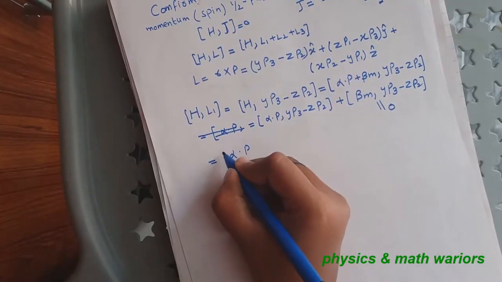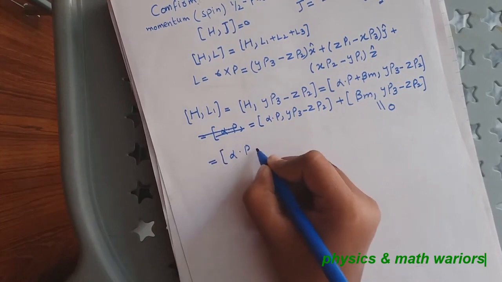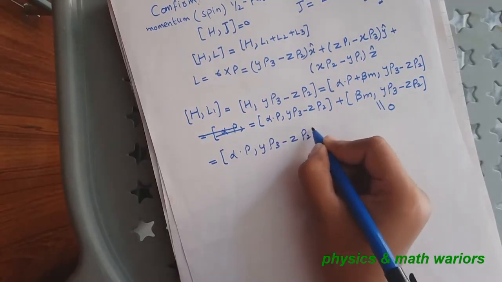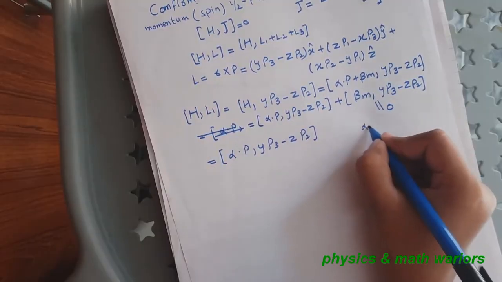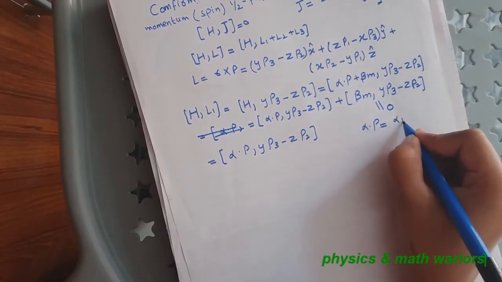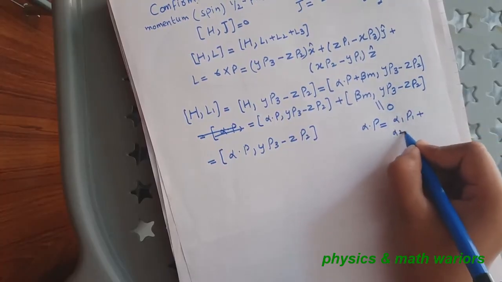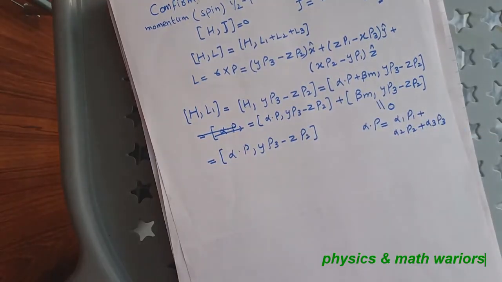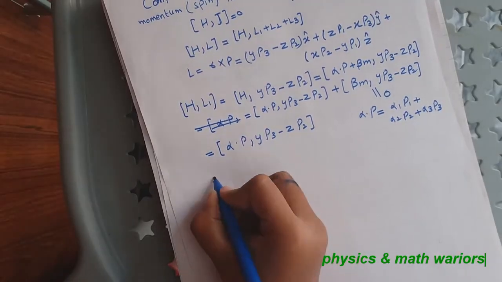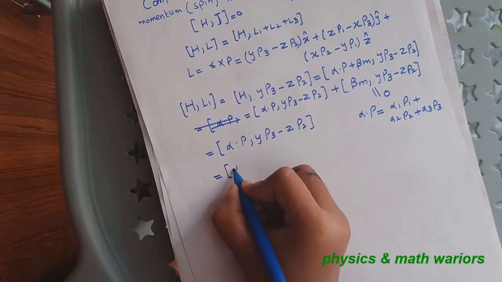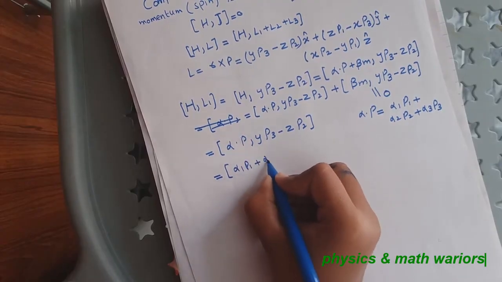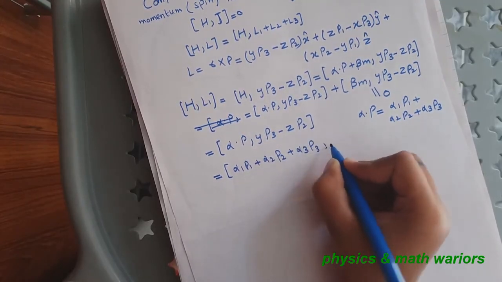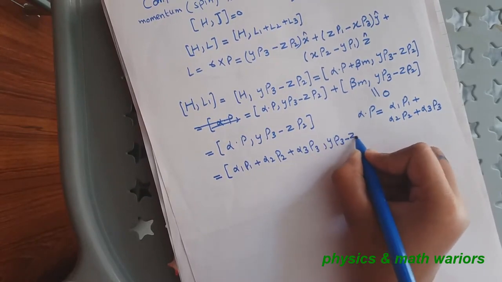So we need the commutator of alpha dot P and (Y P3 minus Z P2). Alpha dot P is equal to alpha 1 P1 plus alpha 2 P2 plus alpha 3 P3.